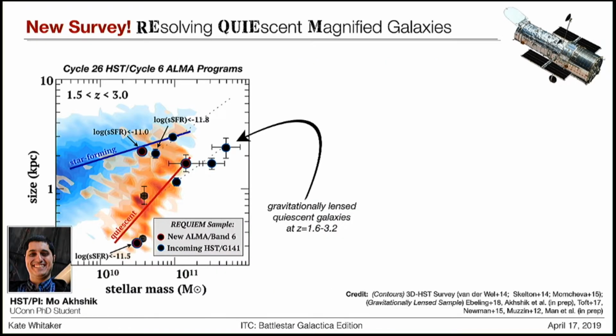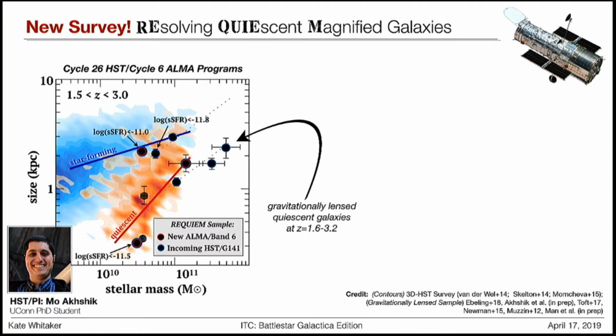So Mo is leading a new HST survey, which he talked about yesterday for those of you who were here. This is showing the size-mass diagram. In the background is the general statistical population from the 3D-HST survey, and then these are our targets.